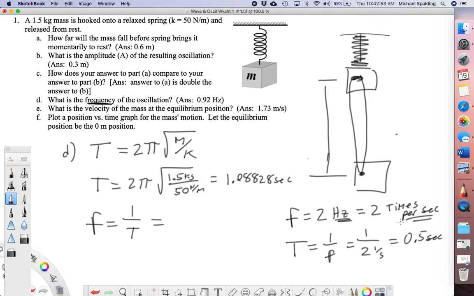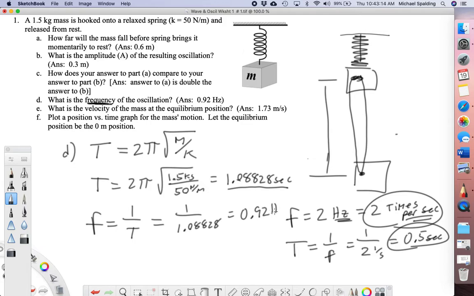If I clap my hands twice per second, the period of one clap is going to be half a second. Period and frequency are the inverse. So if we know the period of this oscillation, the frequency will be the inverse, which comes out to be 0.92 hertz.